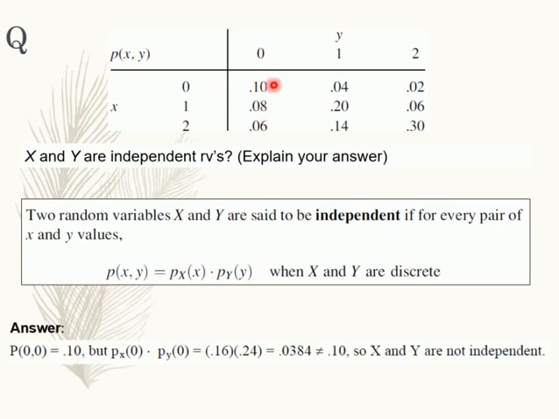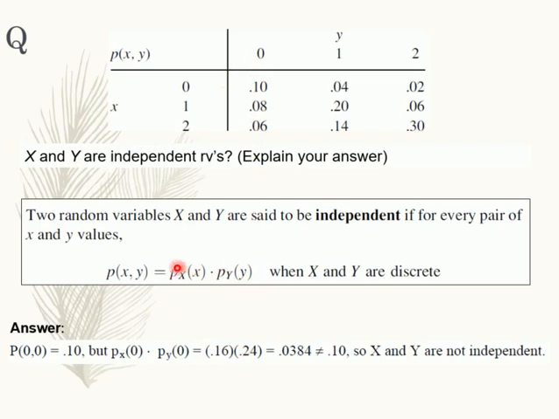Now, what if you wanted to find P of x equal to 0? You just sum across the row. So you have 0.1 plus 0.04 plus 0.02, which gives you 0.16. And if you look for P of y equal to 0, then you go to the 0 column and you sum, and you have 0.1 plus 0.08 plus 0.06, and that gives you 0.24.